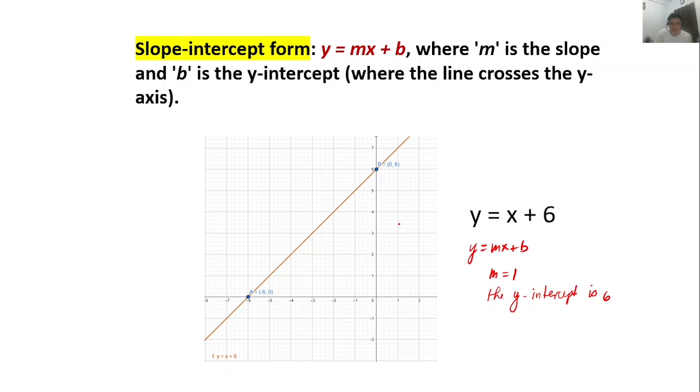As you can see, the y-intercept is 6, meaning the point is (0, 6). And this point (0, 6) crosses the y-axis.